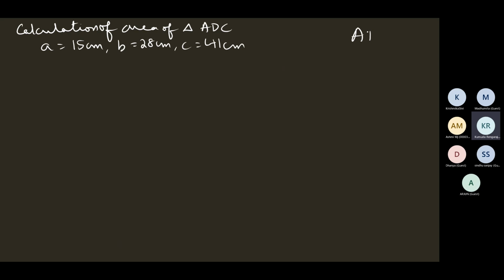See, the triangle is ADC, so you need to take a, b, and c as the lengths of AD, DC, and AC. Anything can be a, b, c; there is no order. But the values of a, b, and c are the lengths of the sides of that triangle ADC, so AD, DC, and AC.